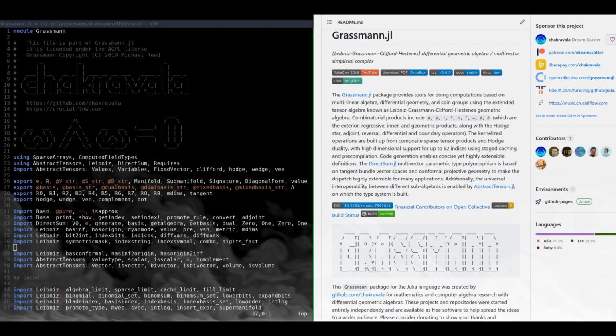It's called Grassmann.jl for a reason, because the emphasis in my program is to try to satisfy the original Grassmann laws and from that derive the correct understanding, making sense of things in the world. And that's why I created this Julia package, Grassmann.jl, which is available on GitHub.